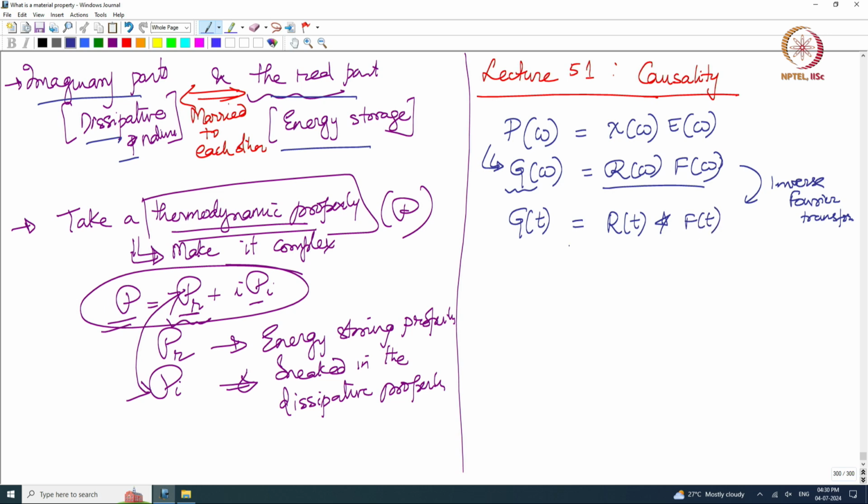Now what is convolution? We did a bit of convolution when we were doing lattices. The convolution operation is the integral from 0 to infinity of r of t minus tau times f of tau d tau.